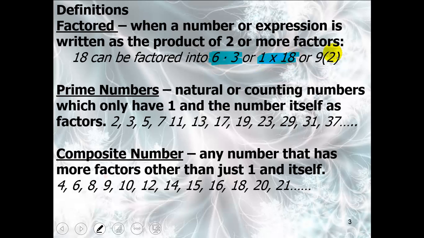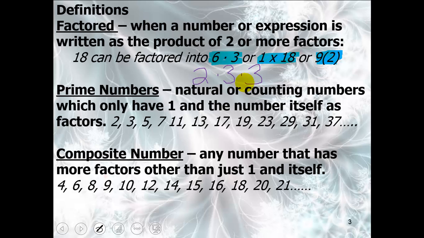We can have 9 times 2. Additionally, we could have 2 times 3 times 3. The highlighted expressions are factors of 18. The one I just wrote has 3 factors, right? You can have 4 factors, you can have 5 factors, you can have a lot of different factors. It doesn't just have to be 2.